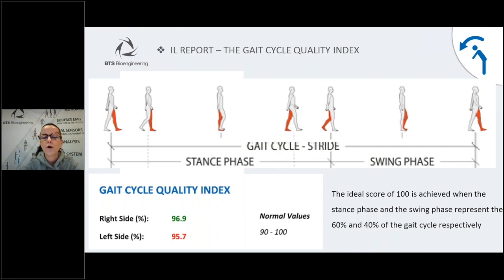Ideally, the score of 100 is reached when the stance phase and the swing phase represent exactly 60% and 40% of the gait cycle, which are the values considered normal for each of the two phases.